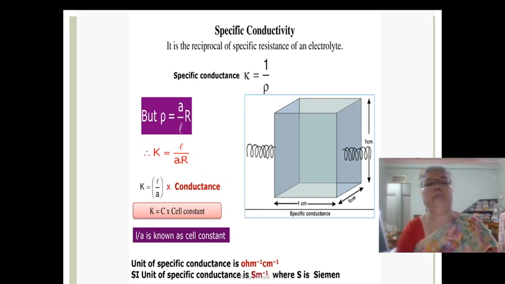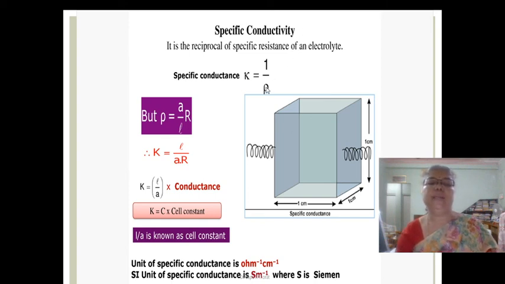Again, we have seen what the specific conductivity is. In short, specific conductivity is the reciprocal of specific resistance. It is denoted by the Greek letter kappa, and it is equal to 1 by rho.